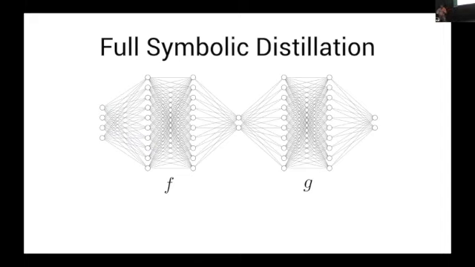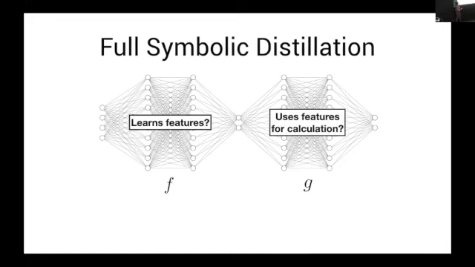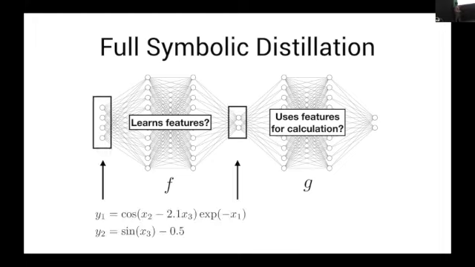The full strategy is that you would have a deeper model with multiple layers, multiple sub-networks. Maybe you interpret it as the first network learning summary statistics and the second network doing something with those. So we interpret the first network, and we get these two equations as a decent fit to that network.